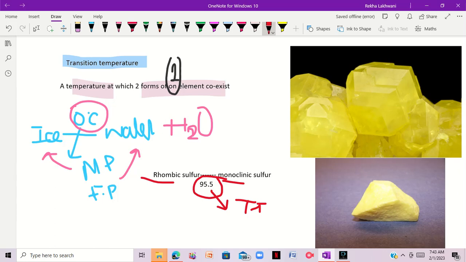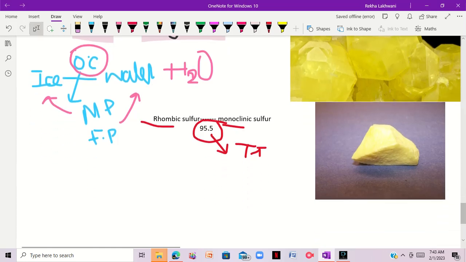Basically, as you know, sulfur is insoluble in water. Let me make a diagram over here. Take a container. We won't add water over here because water is polar and sulfur is non-polar, so it won't dissolve.